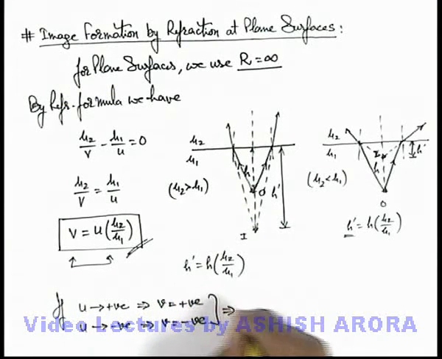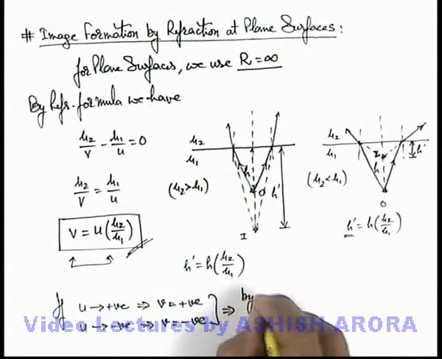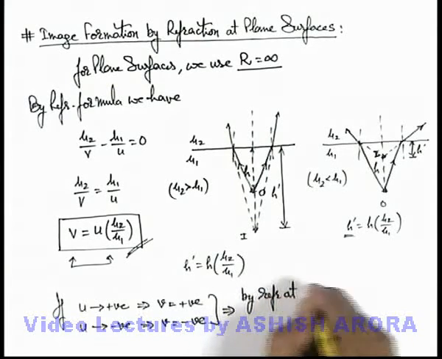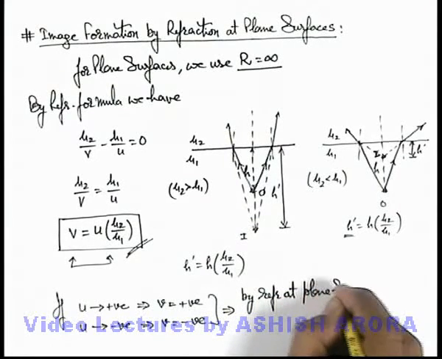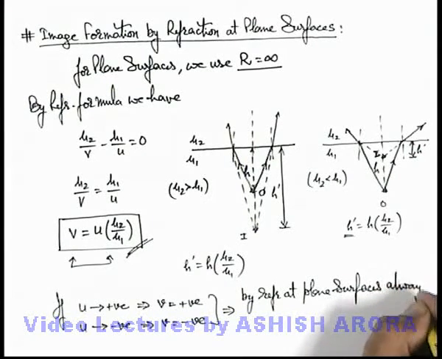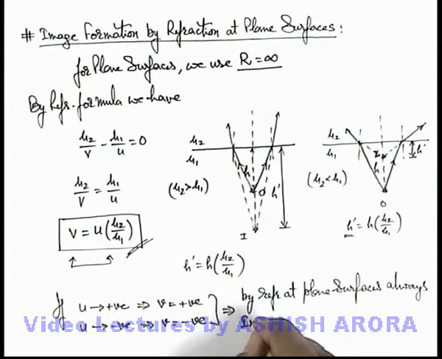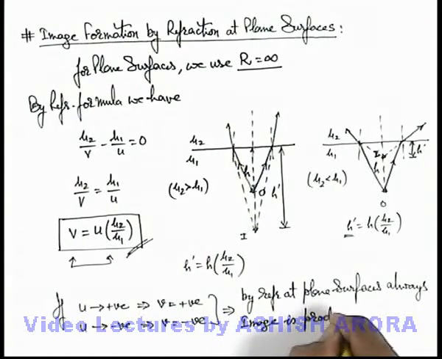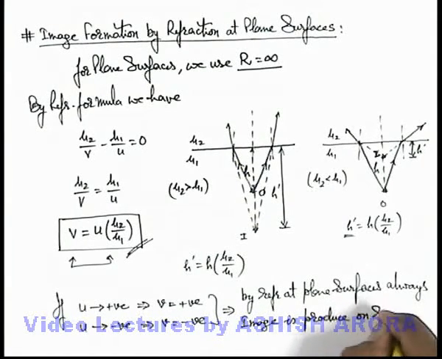And this implies that by refraction at plane surfaces, image is always produced on the same side of the object. In whichever medium the object is placed, on the same side the image is produced when it is seen from the other side.